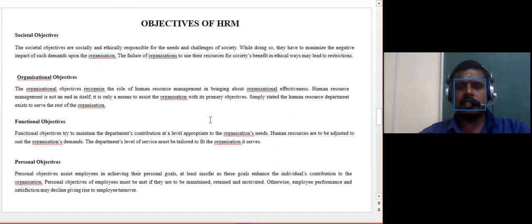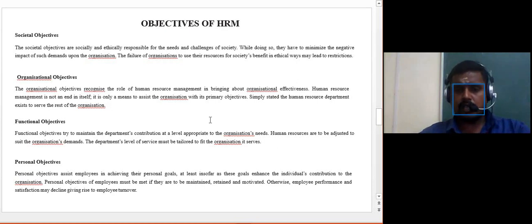Simply stated, human resource development exists to serve the rest of the organization. And the third objective is functional objectives. The functional objectives try to maintain the department's contribution at a level appropriate to the organization's needs.